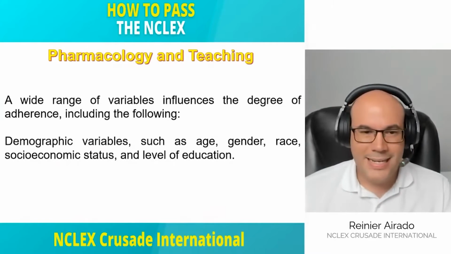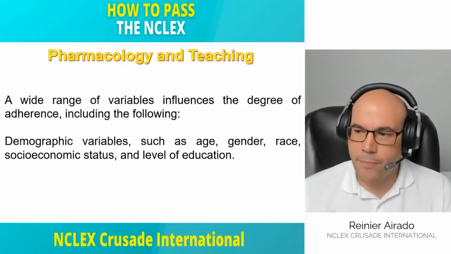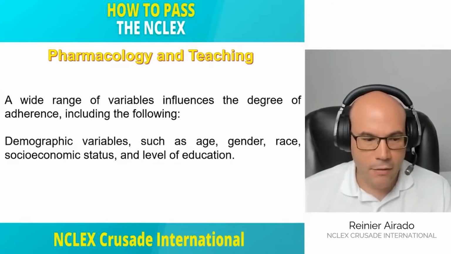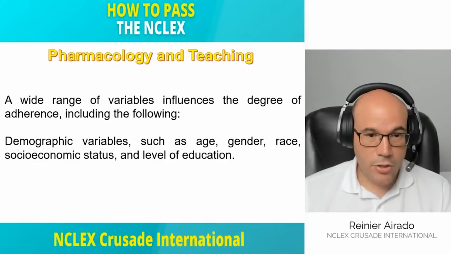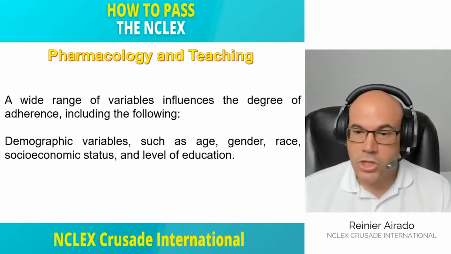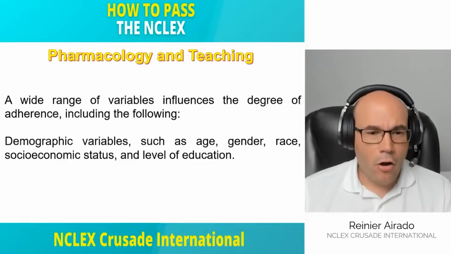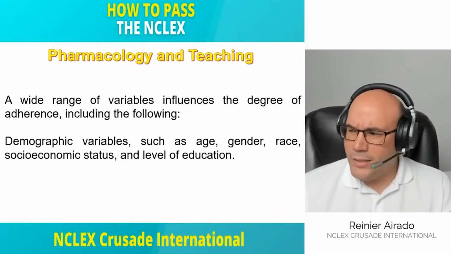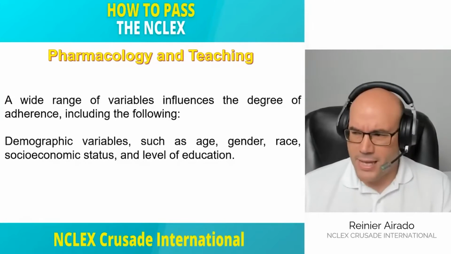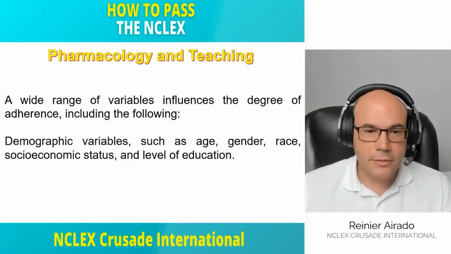One, demographic variables. What do I mean? What do you mean, Professor Ray? Demographic variables, meaning age, gender, race, socioeconomic status, and level of education. And you may ask, well, what do age, gender, race, socioeconomic status, and level of education have to do with medication adherence?